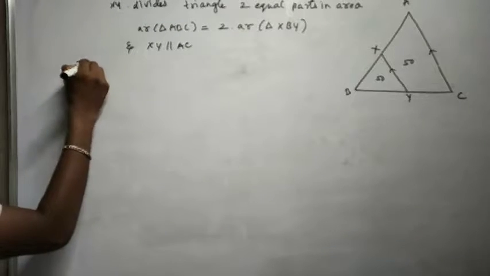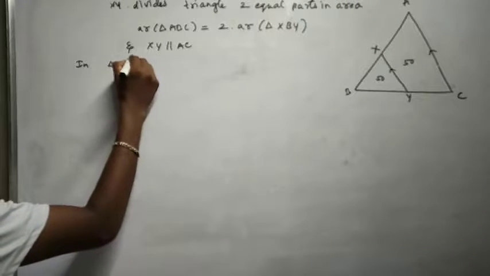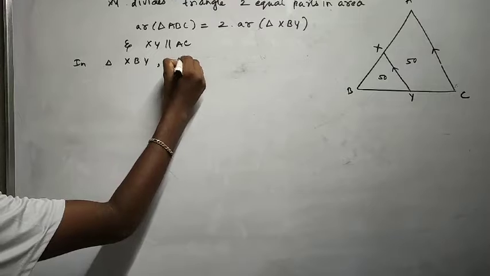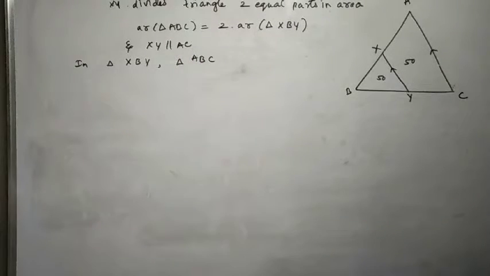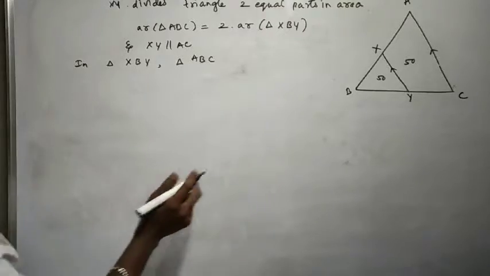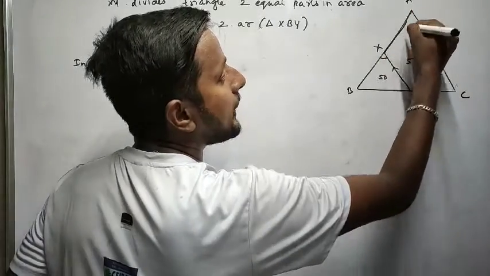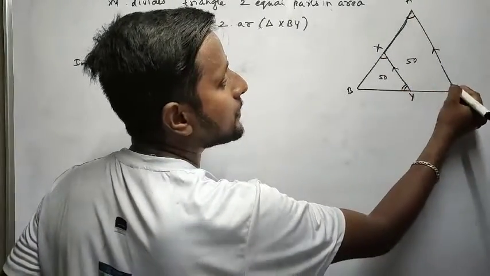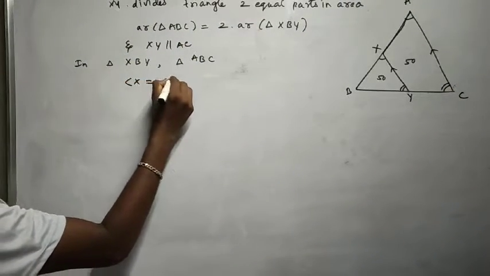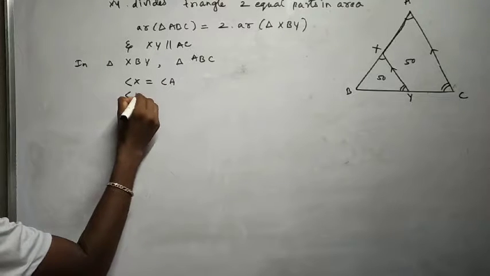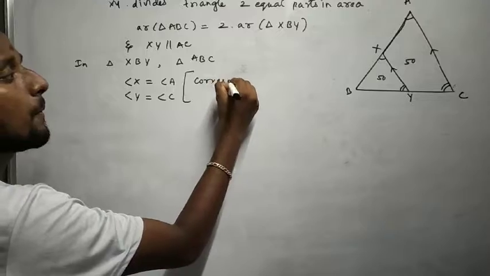Right? In triangle XBY and in triangle ABC, yes, we are going to talk about similarity. Look, these are parallel lines, so AB is a transversal. So it is a corresponding angle. These two are corresponding angles and these two are corresponding angles, right? So simply I can write angle X is equal to angle A and angle Y is equal to angle C, because both are corresponding angles.